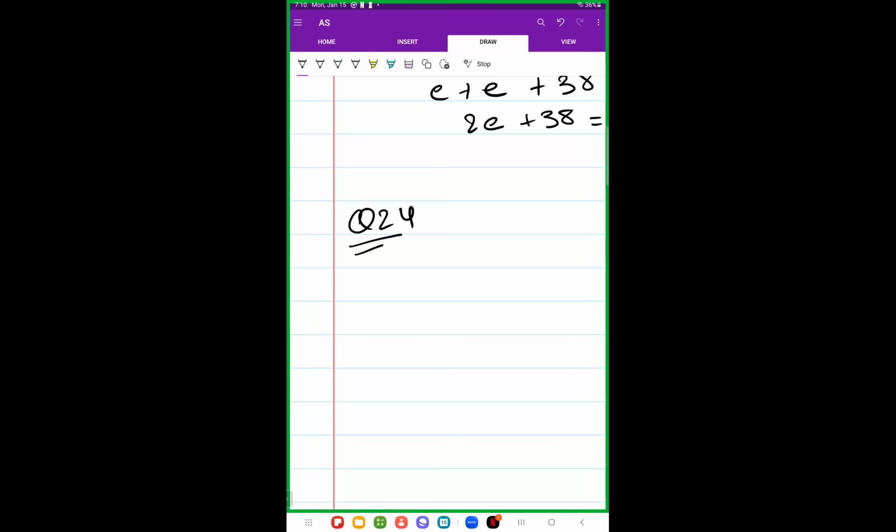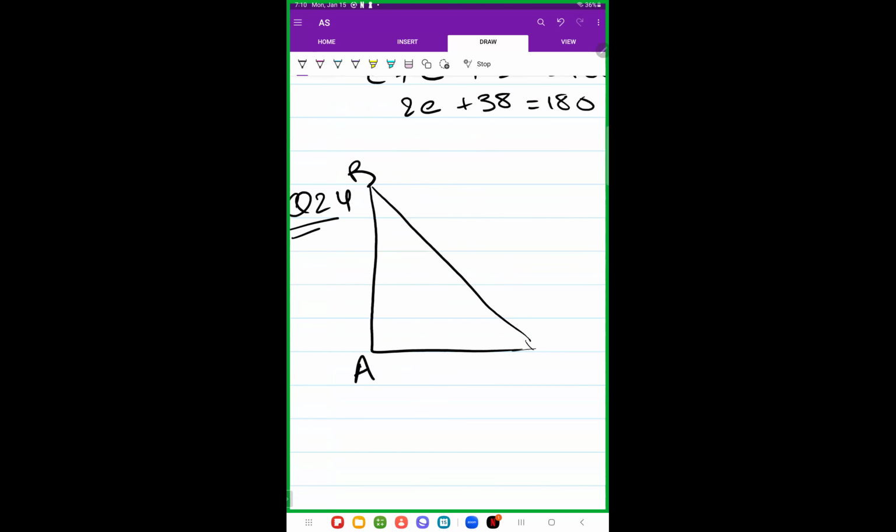Let's make the triangle ABC where A is a right angle. A, B, C. A is a right angle. D is a point on AC such that BD bisects B.